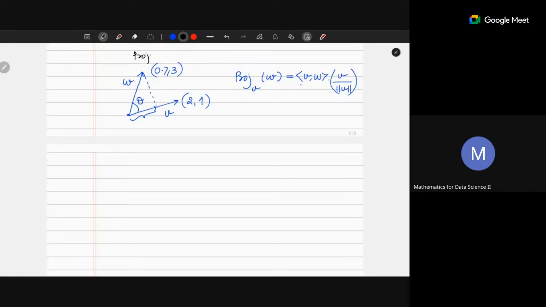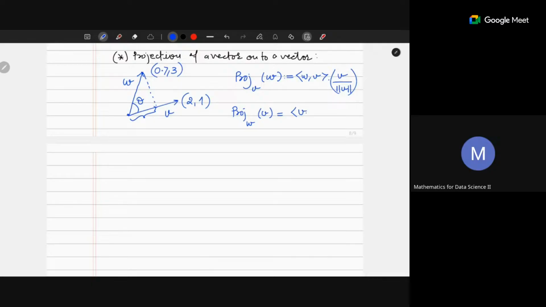So this is how one can project a vector onto a vector. Here, it's the projection of W on B. So this is how we define the projection of W on B. And how do we define the projection of V on W?